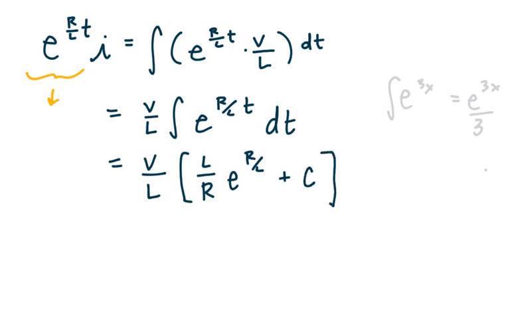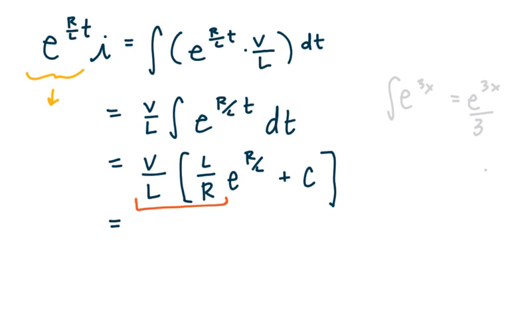So v over L is a constant. I'm going to distribute. And I don't have to distribute it to the c because multiplying an arbitrary constant by another constant is just an arbitrary constant. If it was a variable, however, we would need to do that. So for the first part, the L's are going to cancel.